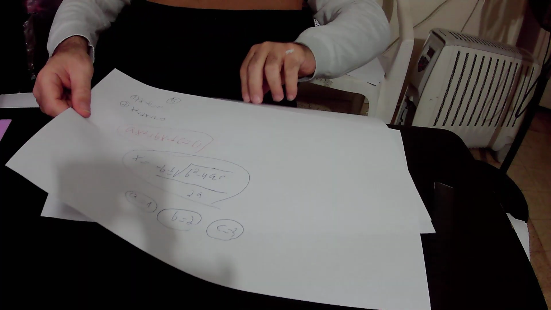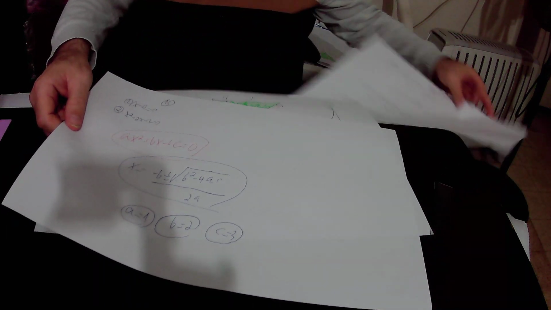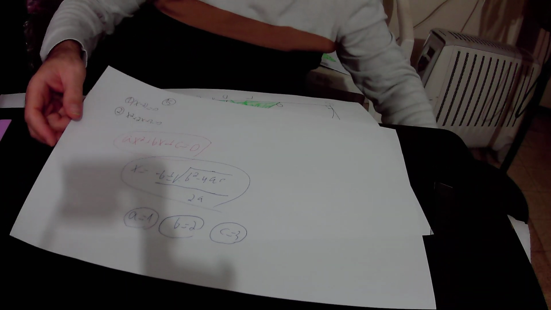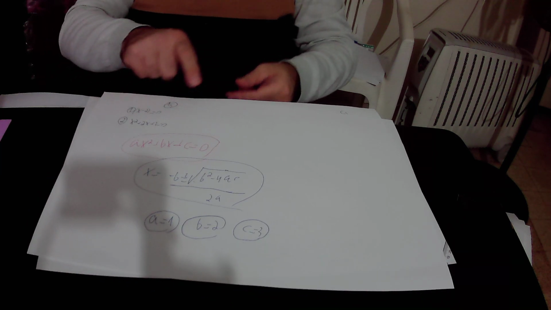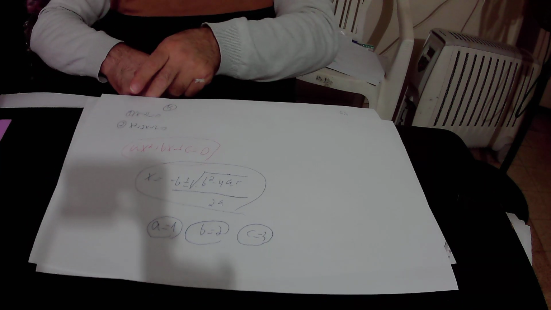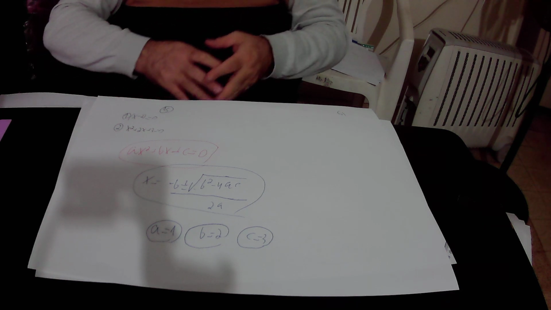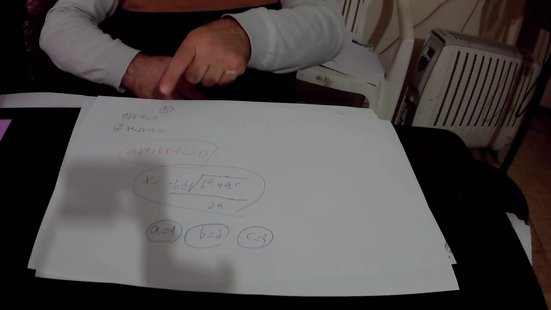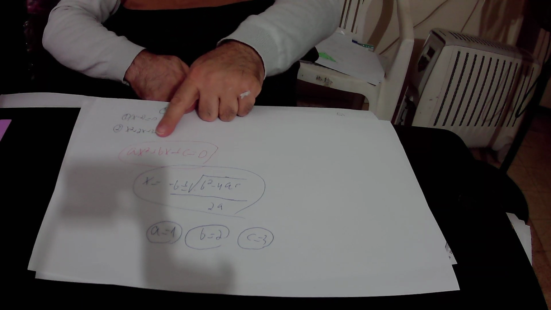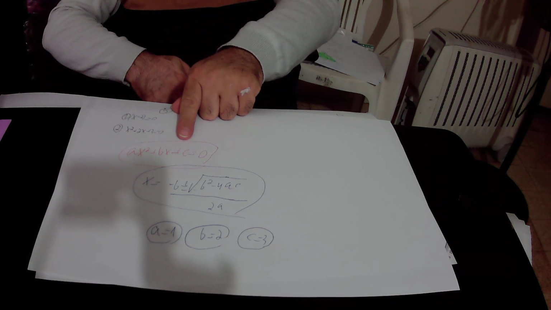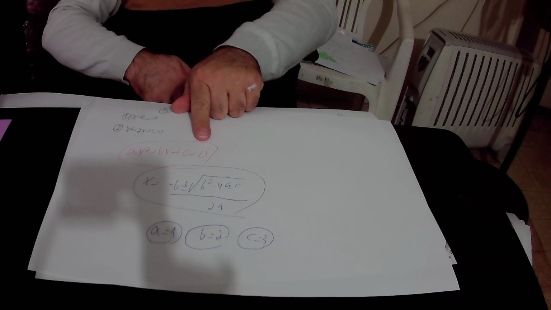Okay, we have those two solutions, either x minus 2 equals to 0, or x squared plus 2x plus 3 equals to 0. So we focused on the second solution. In the second solution we have a quadratic equation, and the general formula for a quadratic equation is ax squared plus bx plus c equals to 0.